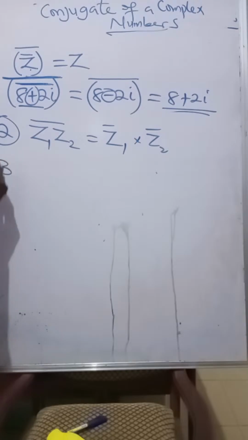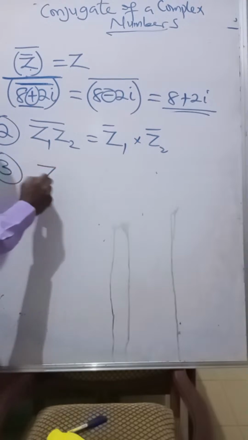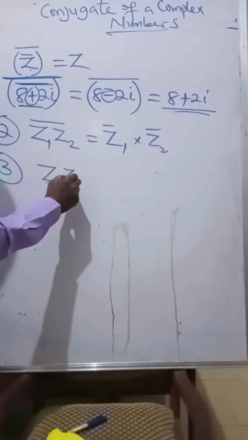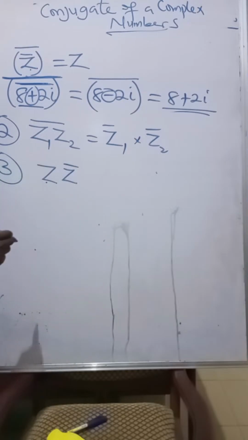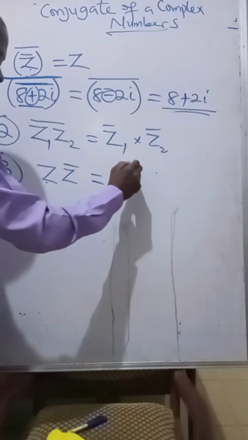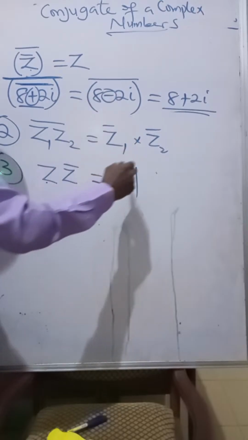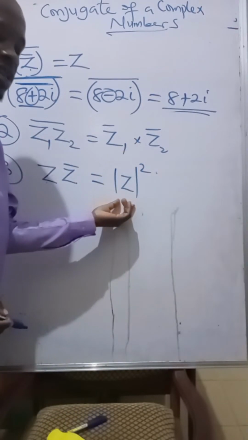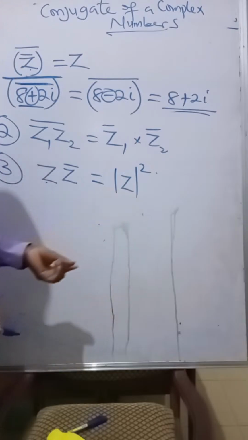The third one is when you have a complex number times its conjugate. It's going to give you the square of the absolute value, or the modulus, of that complex number.